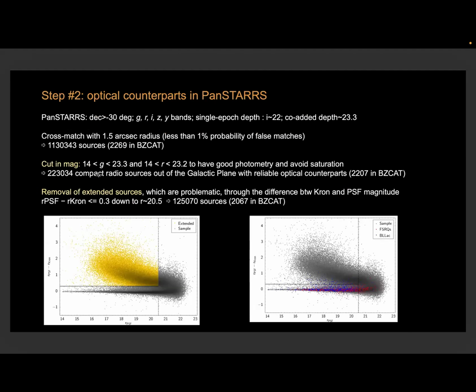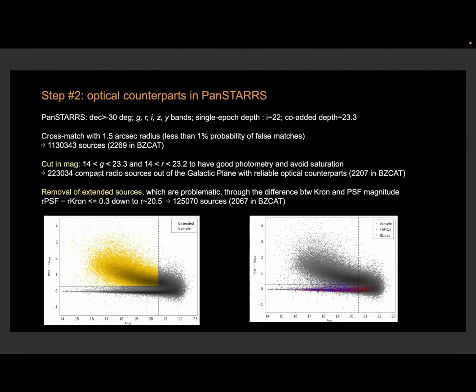Then, as a second step, we cross-matched our sources with the Pan-STARRS survey to look for the optical counterpart. We put cuts in the brightness, and we removed the extended sources. Extended sources have problematic photometry, and also we are not very interested in sources that have a prominent contribution from the host galaxy. In order to do this, we used the difference between the PSF photometry and the Kron photometry, as was mentioned before.